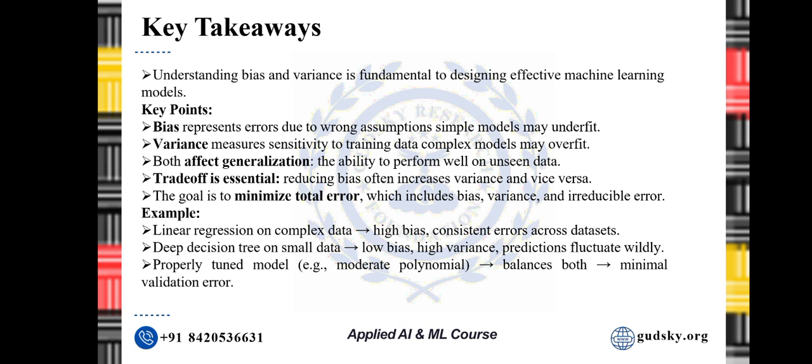And the trade off means reducing one usually increases the other. Find the balance. Techniques to control variance are regularization, cross validation, early stopping, data augmentation, and ensemble methods. Example recap: linear regression on complex data, high bias; deep decision tree on small data, high variance; moderately complex model, best generalization.